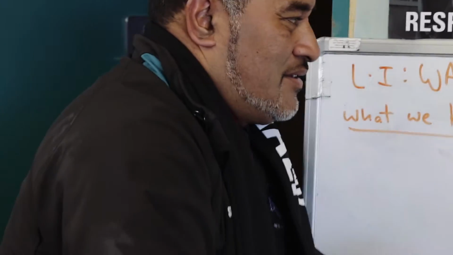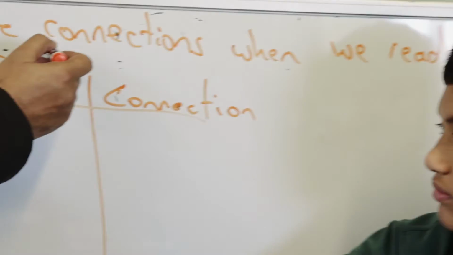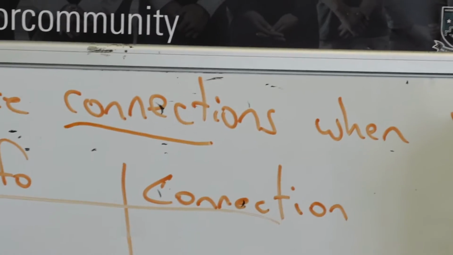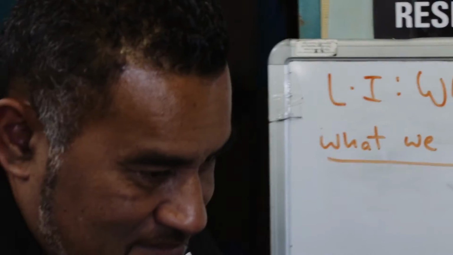So, anyone know what the word connections comes from? Have a look at this word, connections. Yep, someone just said it. Connecting. Connect. What does it mean to connect? Put it together. Okay.